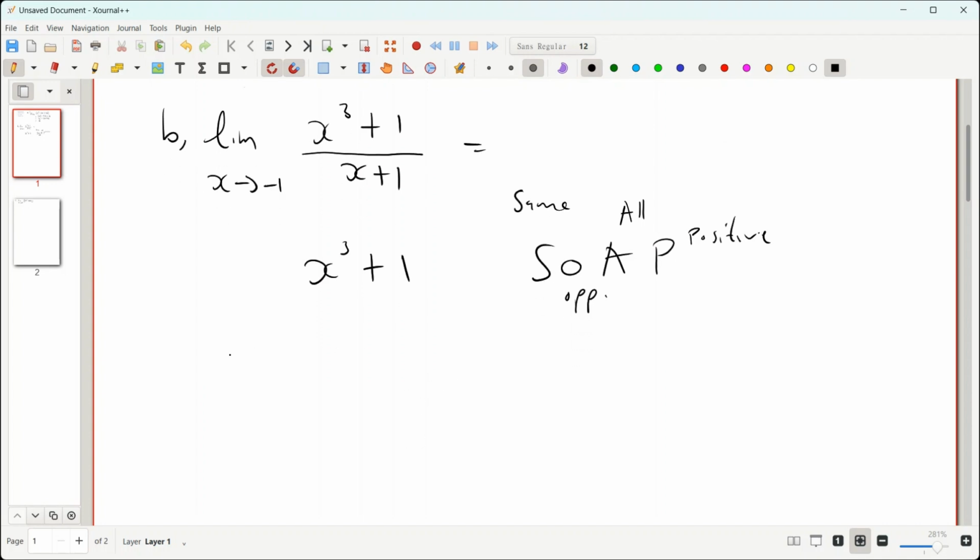So if you have your cubic expression like this, A cubed plus or minus B cubed, it can be plus, it can be minus. How do you solve this using the SOAP method?